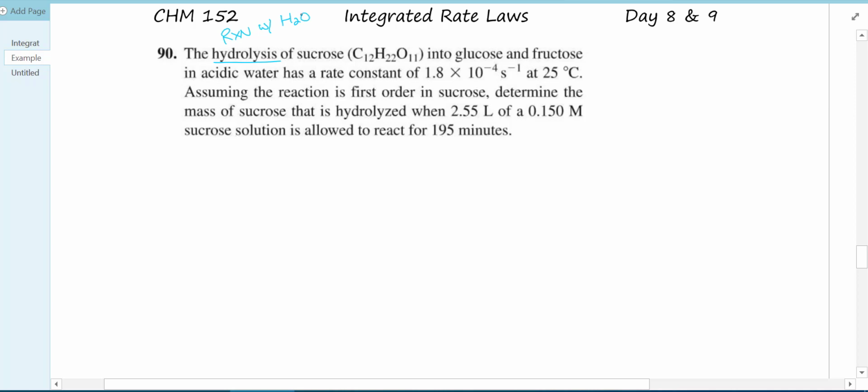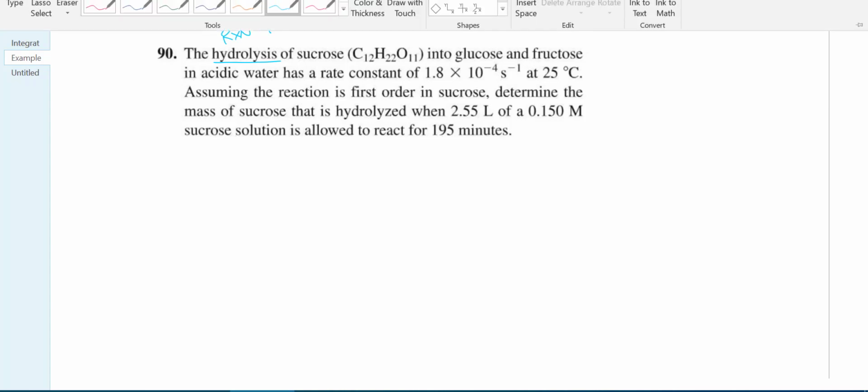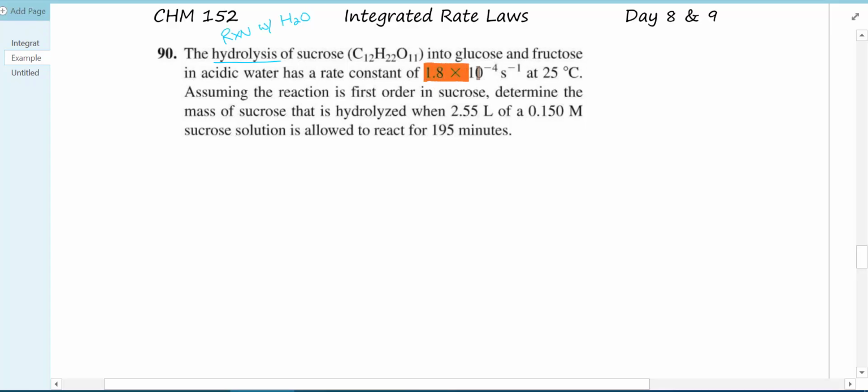So the hydrolysis of sucrose, which is C12H22O11, into glucose and fructose in acidic water has a rate constant K of 1.8 times 10 to the negative 4 per second at 25 degrees Celsius.